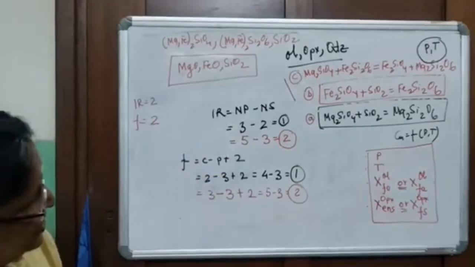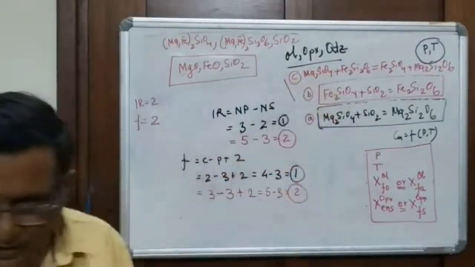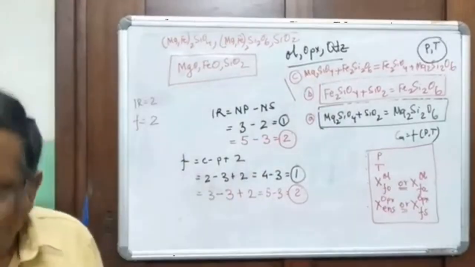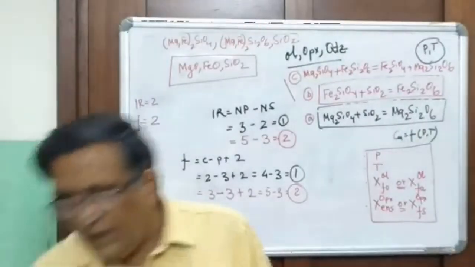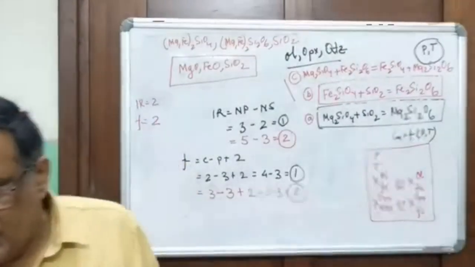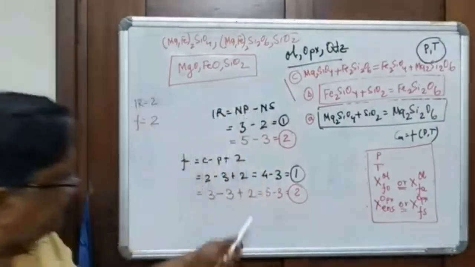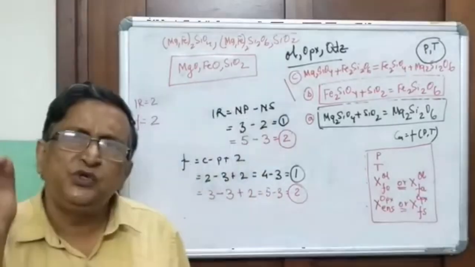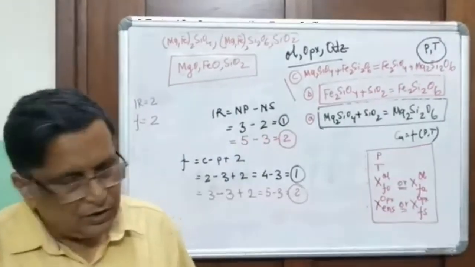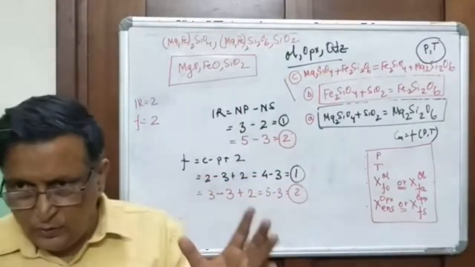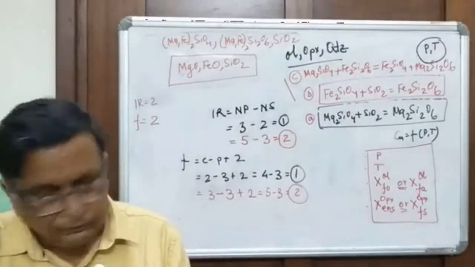But what it says is, out of the 4, you will only get 2. You won't get more, unless you can quantify the other 2 variables from outside. That is why the Gibbs phase rule is so crucial. So the Gibbs phase rule tells you you have 2 inputs to be brought in.